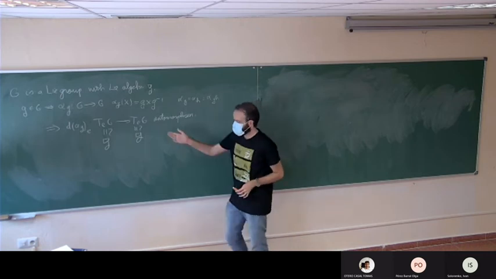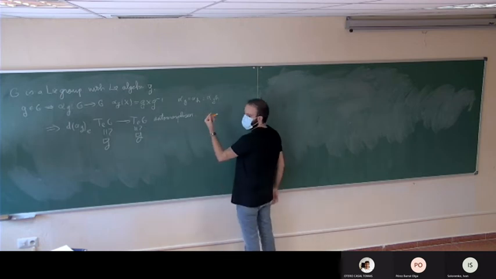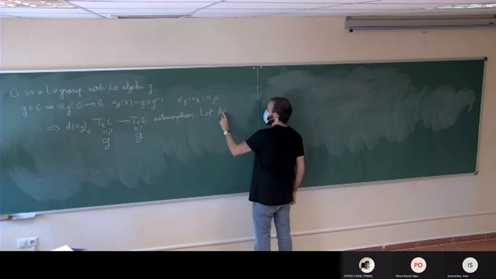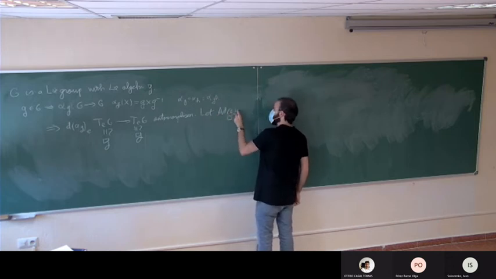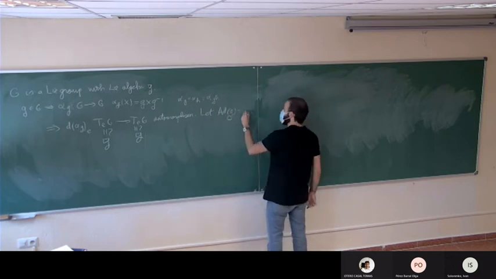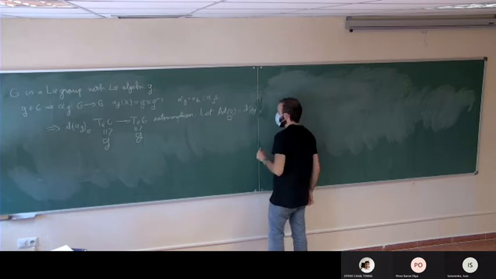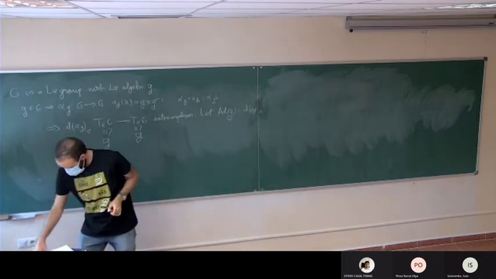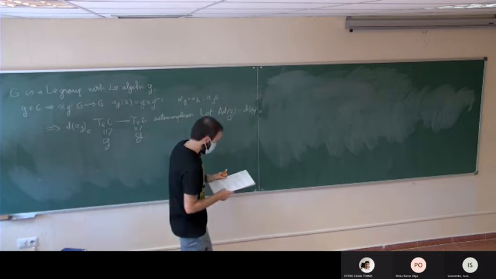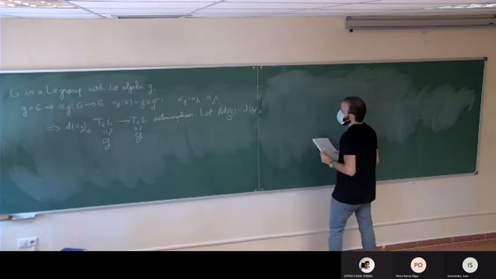So we will give this a name. We will call it Ad, with a capital A. Let Ad g equal the differential of this conjugation map at the identity element. So this is an automorphism.